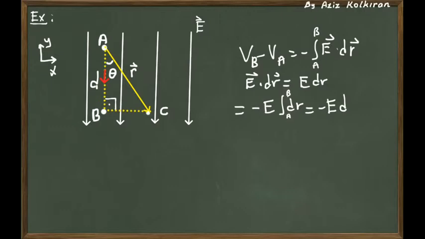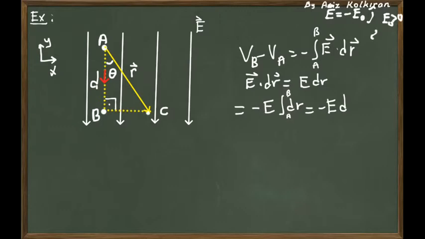Let me write down more explicitly here. Well, this will be better. The E is equal to minus some positive quantity E0 j. Okay, j is the unit vector, and E0 is always a positive quantity.